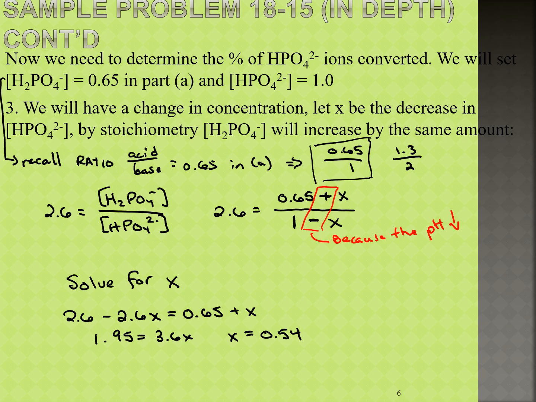Notice, since I kept the base equal to 1, 1 minus 0.54 is a decrease of 54%, and that's what the problem was asking for anyway. We got that because we kept that as 1. So that ends another podcast. Next up, we are going to look at acid-base indicators.